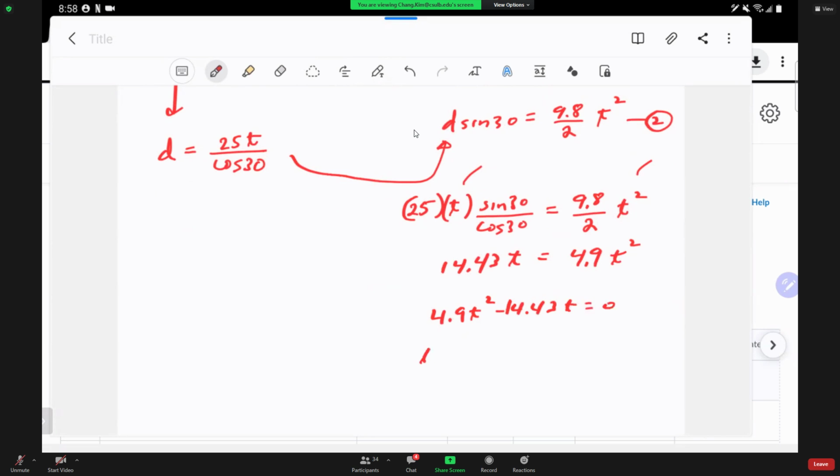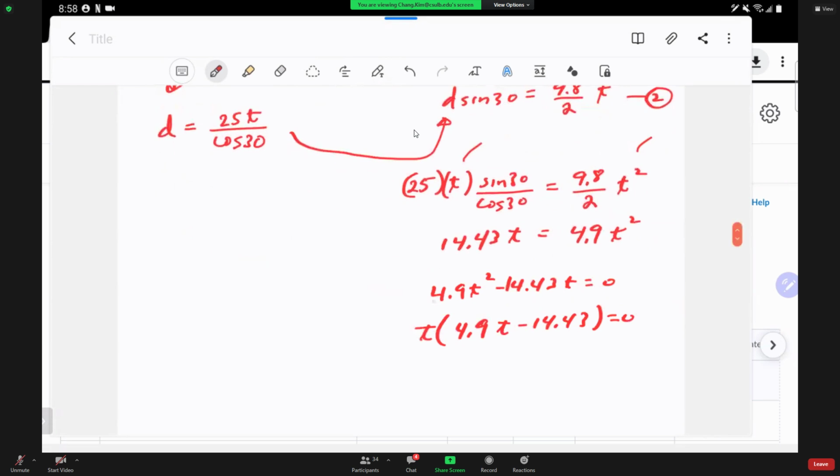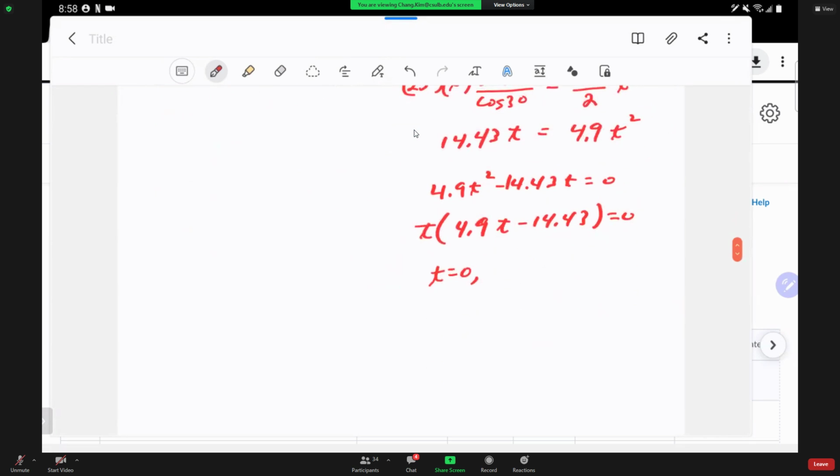So that came out to be t times 4.9 t minus 14.43 equal to 0. So one of the t is 0, and the other one is 14.43 divided by 4.9, and you should have 2.9448 seconds. Okay?